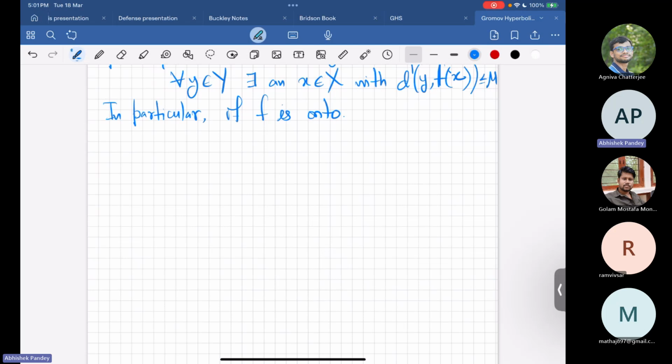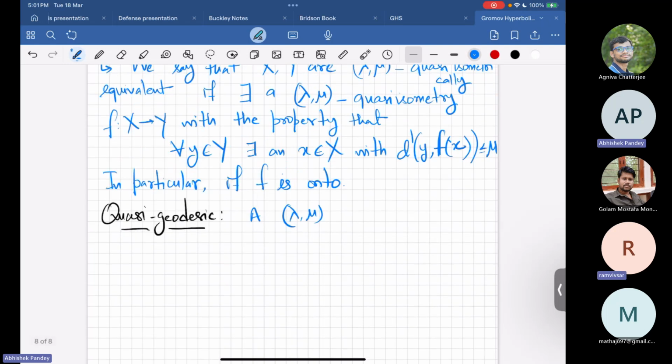Now we have a notion of quasi-geodesic. So if f is onto, then they are quasi-isometrically equivalent, right? Yes, according to your definition.